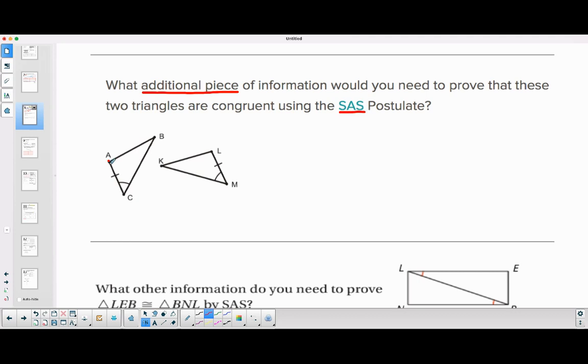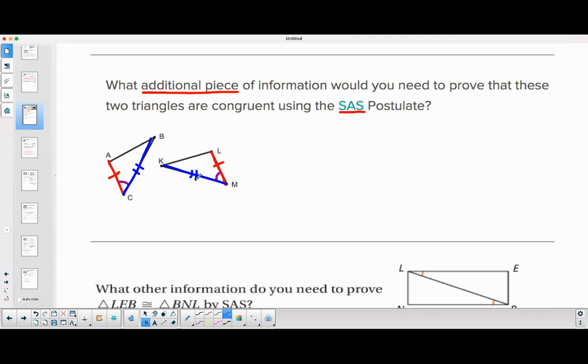What they gave us so far is a pair of sides and a pair of angles. What I need is a third pair of sides, and this is that idea of making sure that this angle is an included angle. What has to happen here is this side, this one I'm making blue, would have to be congruent to this one I'm making blue. That keeps the purple angle in between the other two.